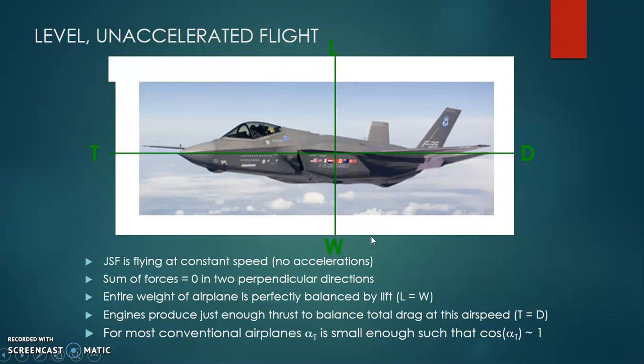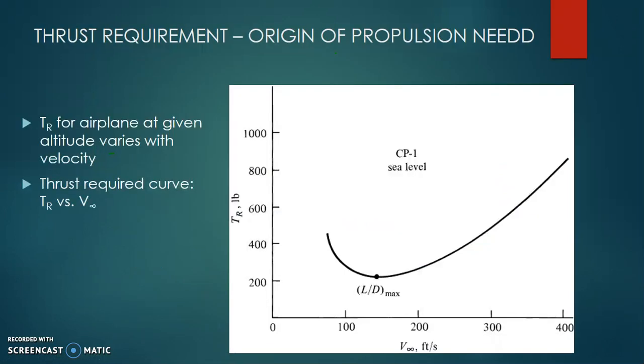But that is fine. So once we have understood this basic concept in the previous lecture, now let us look at this important graph. This graph is about L by D for various velocities versus the thrust. Very important concept.